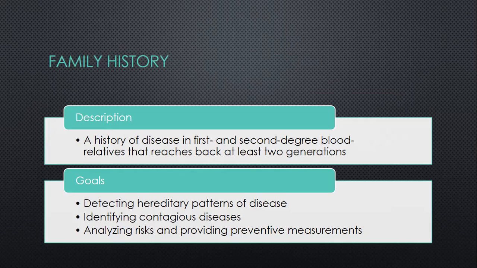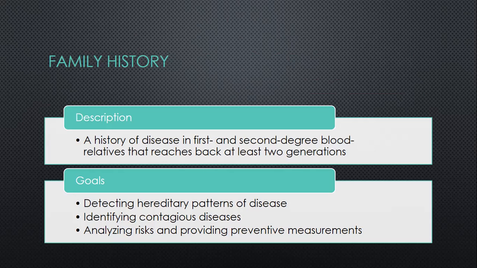You're going to get more information and you're going to get a better medical history. What are the main goals here? To detect hereditary patterns of disease and to identify contagious diseases and analyzing risks and providing preventive measurements.